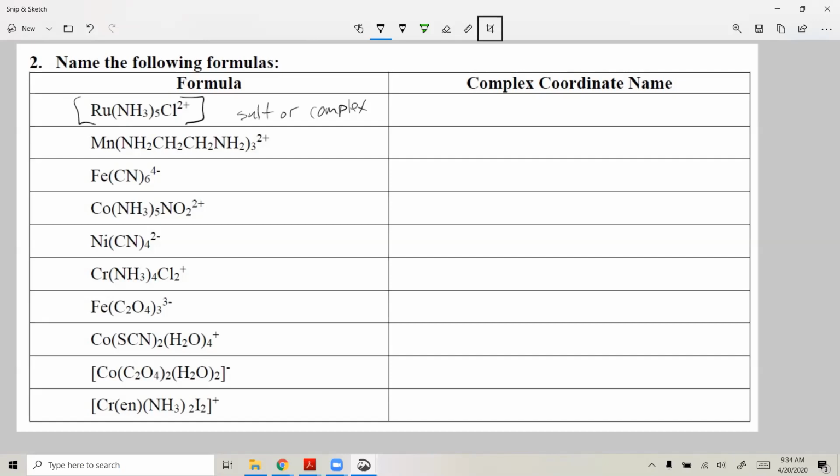So all of this is part of that complex. When we look through these, we should list our two ligands. We have amines and we have chloro. So we should start with our amine. So we have pentaamine, chloro, ruthenium.